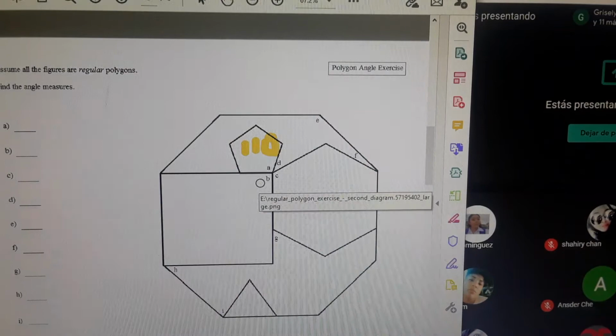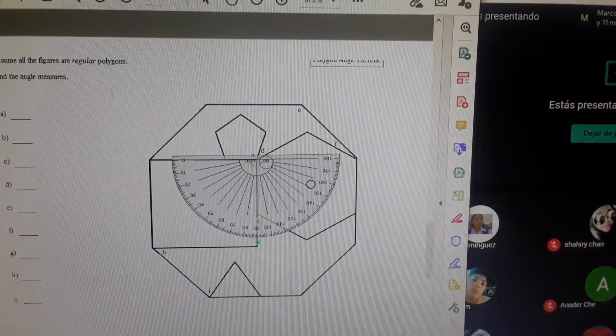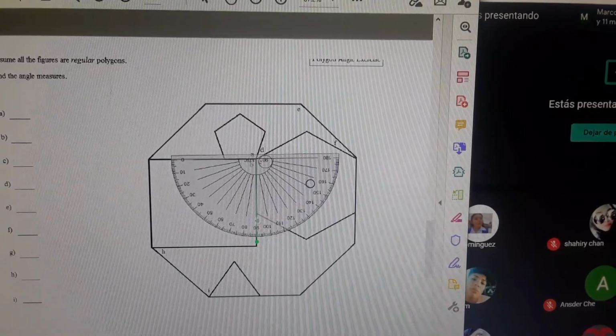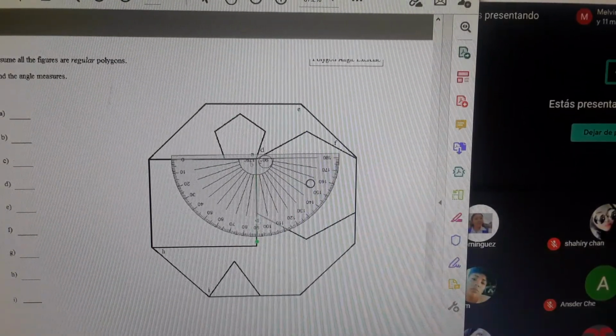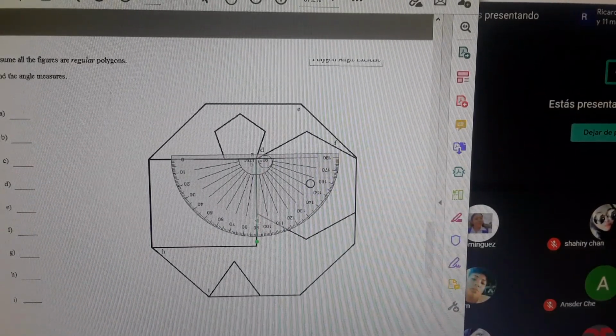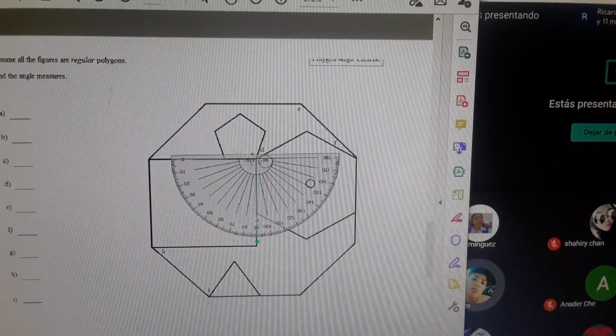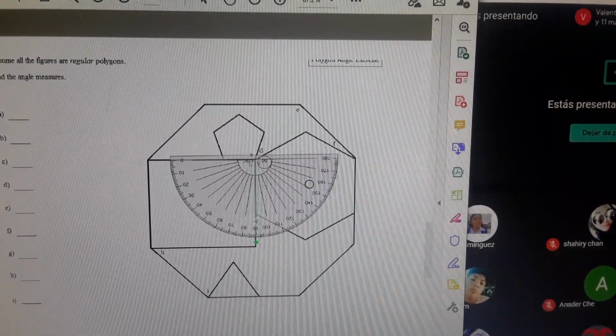Now, let us find for point B. So for the angle on point B, what do you think will be the answer there? 90 degrees, sir. 90 degrees, yes. We can actually see it without using our protractor.